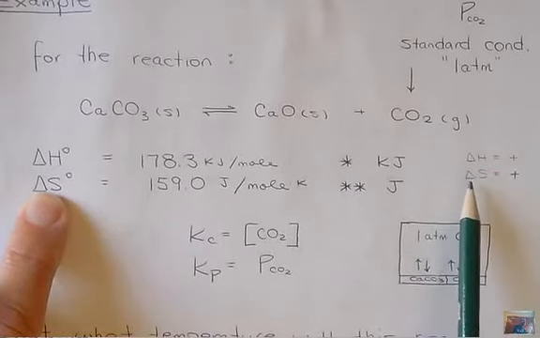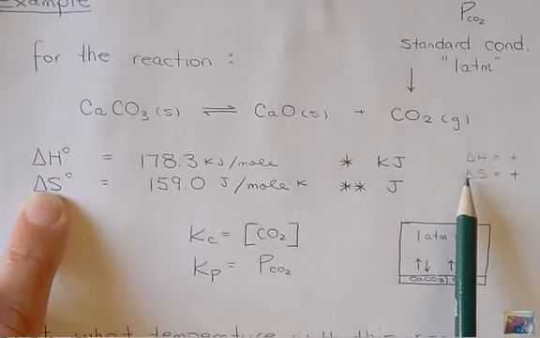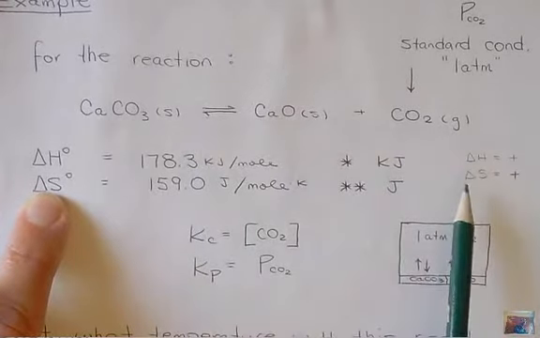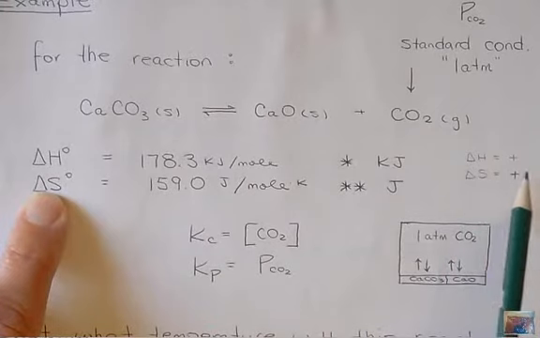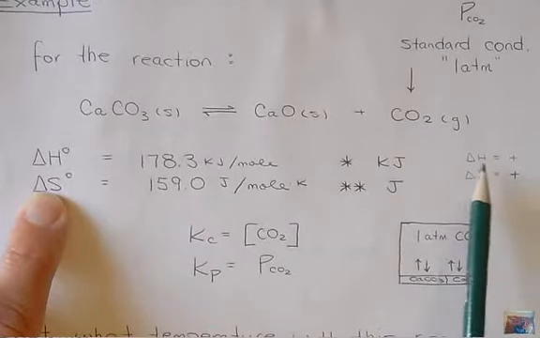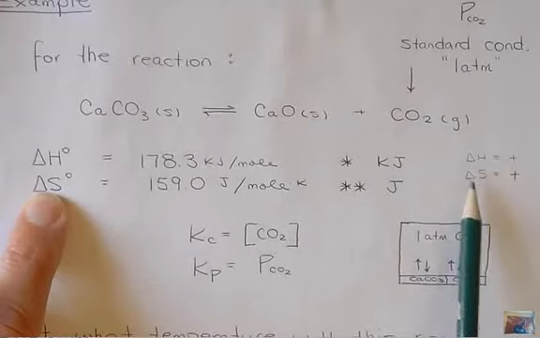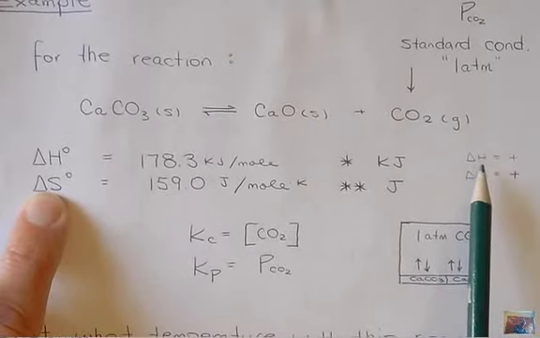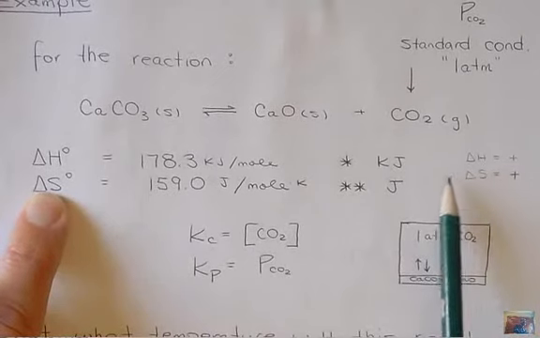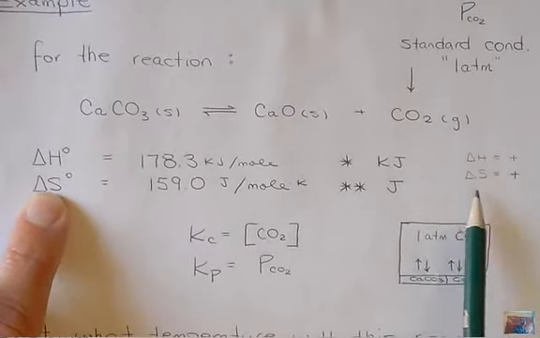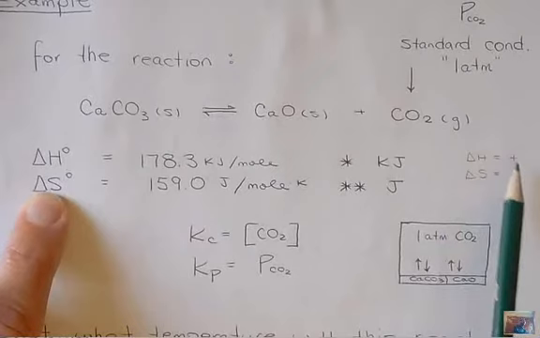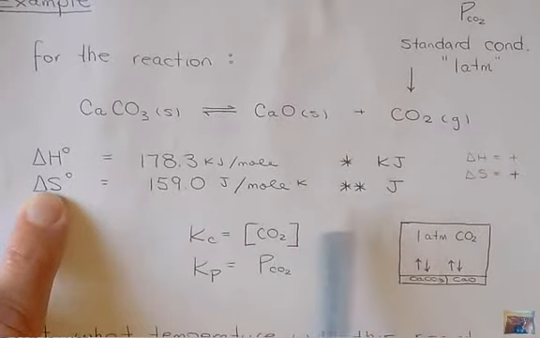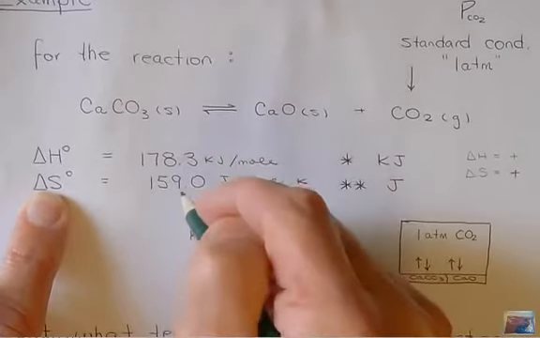We know that delta G, under any conditions, including these standard conditions, is equal to delta H minus T delta S. So the higher the temperature is, the more I can exaggerate that second term so that eventually it can bring down the delta H and make delta G negative. So that's what we're going to see. We're expecting this to become spontaneous at high temperatures whenever we have both positives, right? That's something you do need to know. This guy, remember, is going to come out in joules.